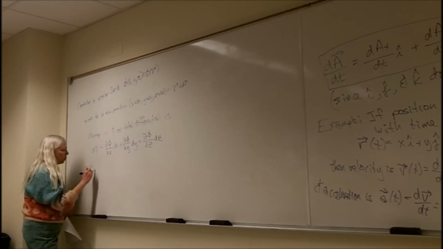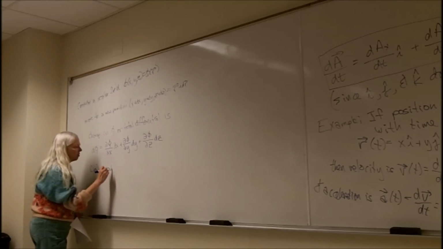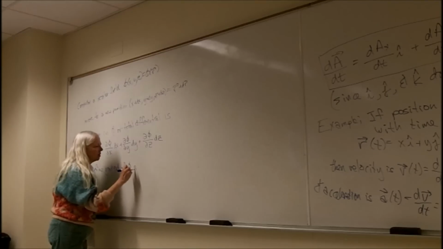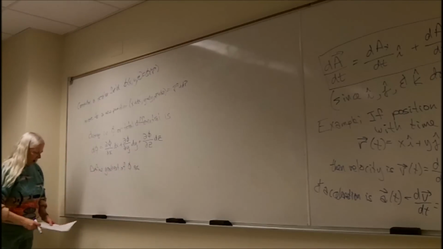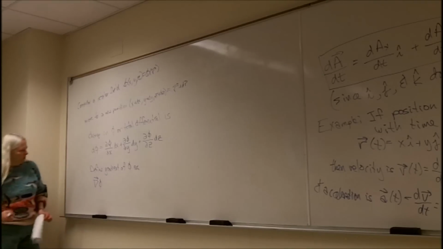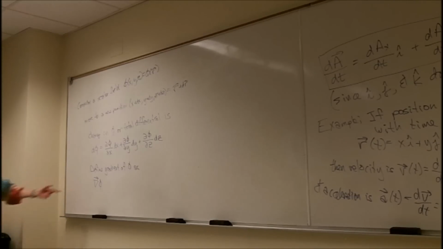Well, let's define a quantity that's closely related to this. Let's define the gradient of this scalar field phi. We use this symbol for it: an upside down triangle with an arrow over it telling us this is a vector. We read that as del.